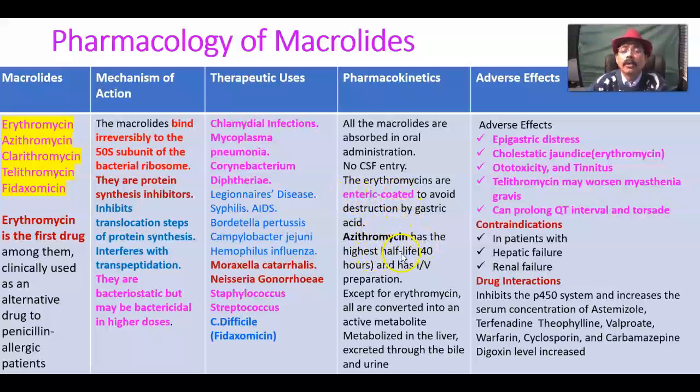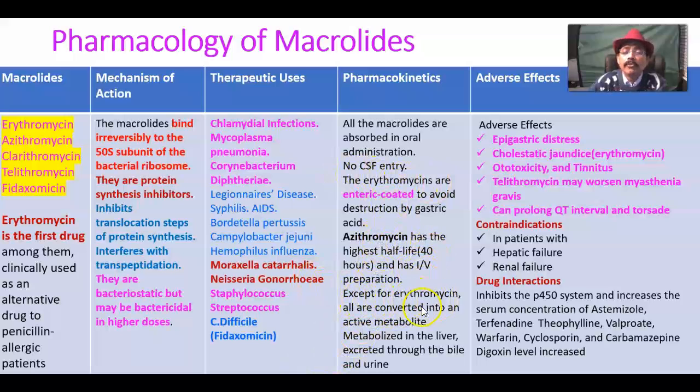Azithromycin has the longest half-life, 40 hours, and has an intravenous preparation. Erythromycin should not be given intravenously because the chance of thromboembolism is too high with intravenous erythromycin. So azithromycin is the drug that may also be used intravenously.